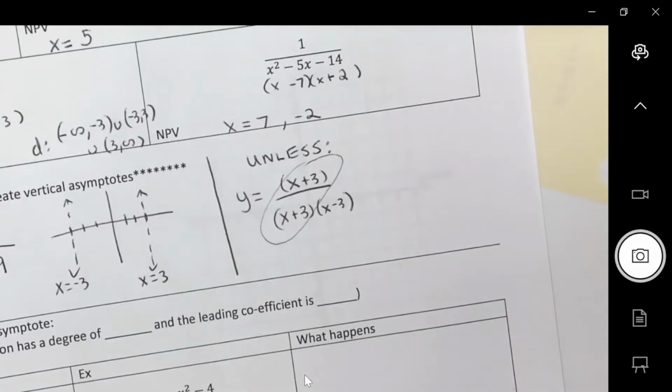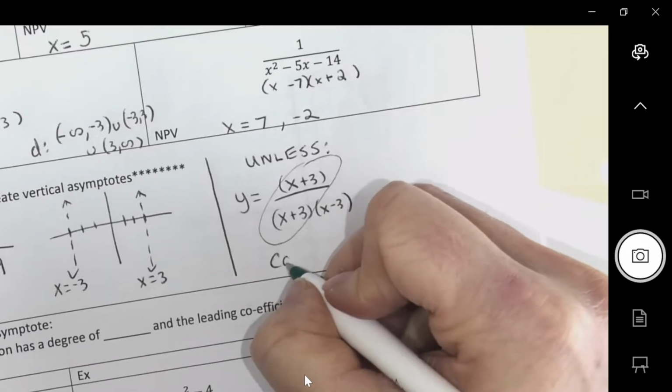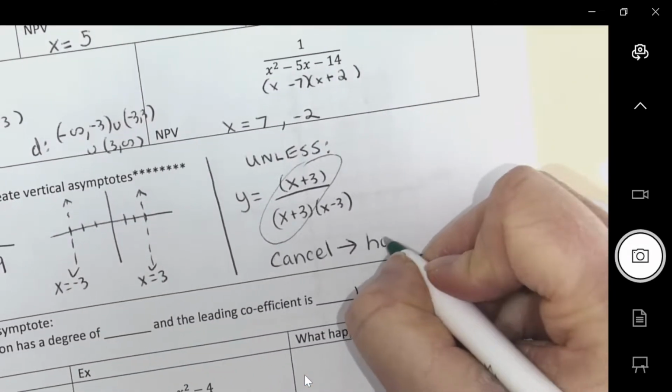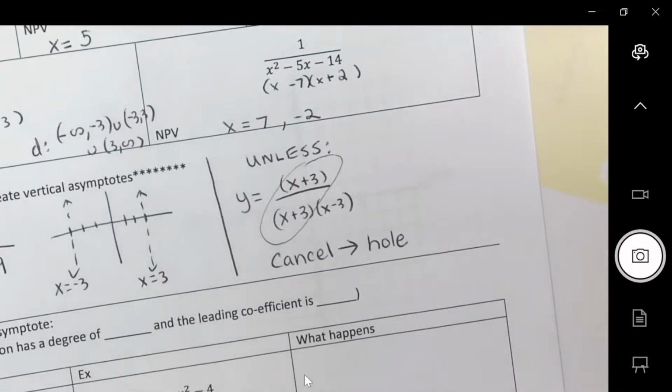Unless this happens. Unless there was a cancel, instead of making an asymptote, it's just going to make a hole in your graph.